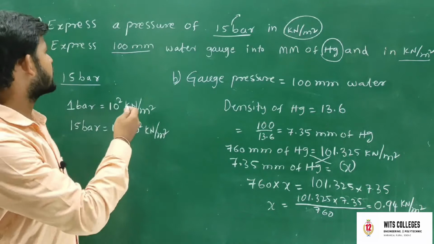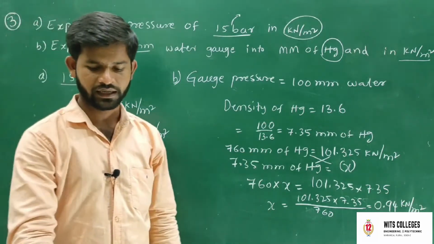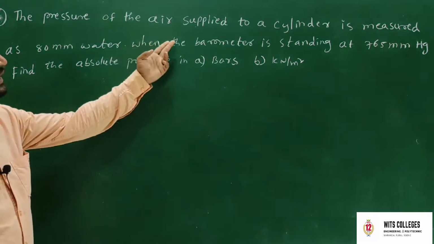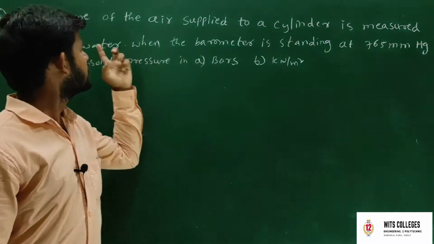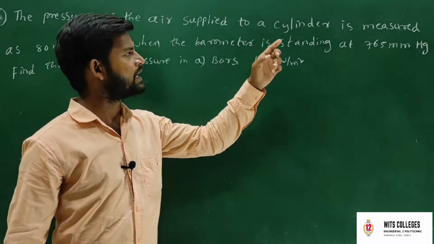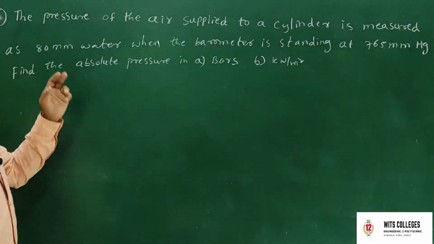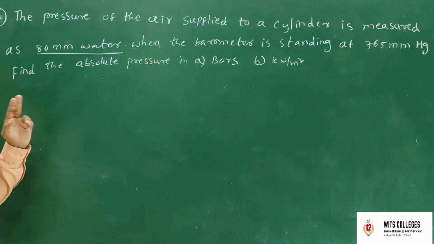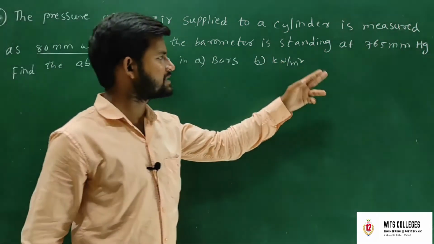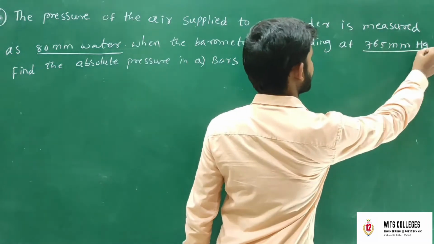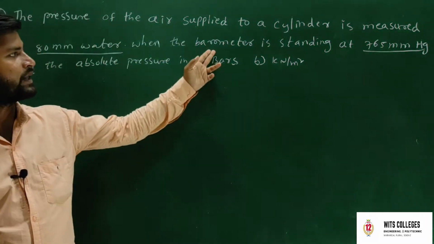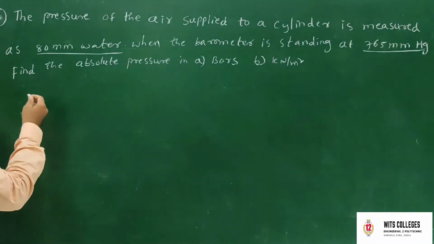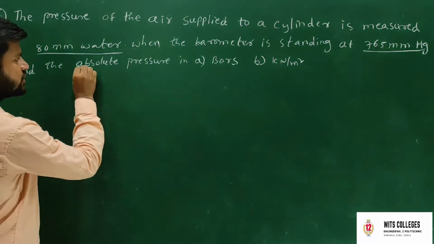Next, another problem we have discussed, the fourth one. The pressure of air supplied to a cylinder is measured as 80 mm of water when the barometer is standing at 765 mm of Hg.